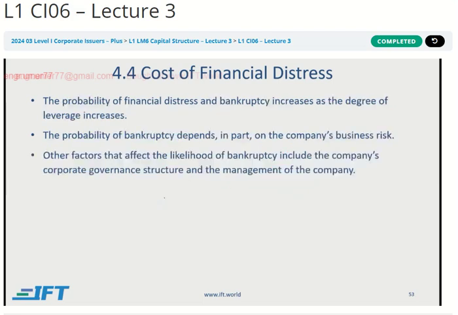So as you increase the financial leverage, the probability of bankruptcy goes up, because there's less equity to absorb any losses, and therefore the cost of financial distress goes up, right?